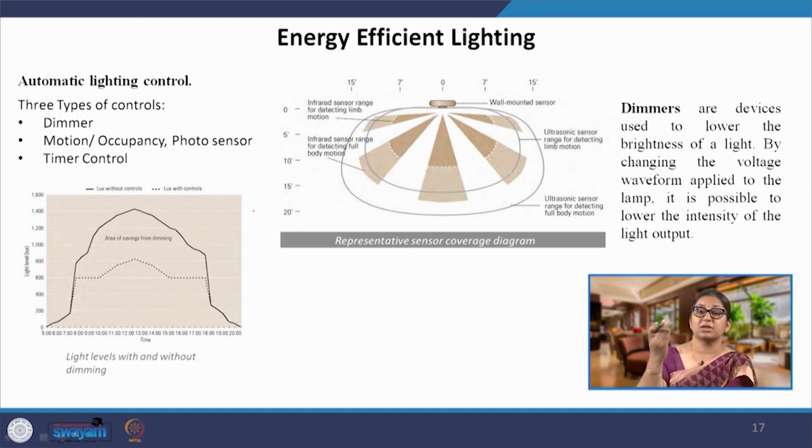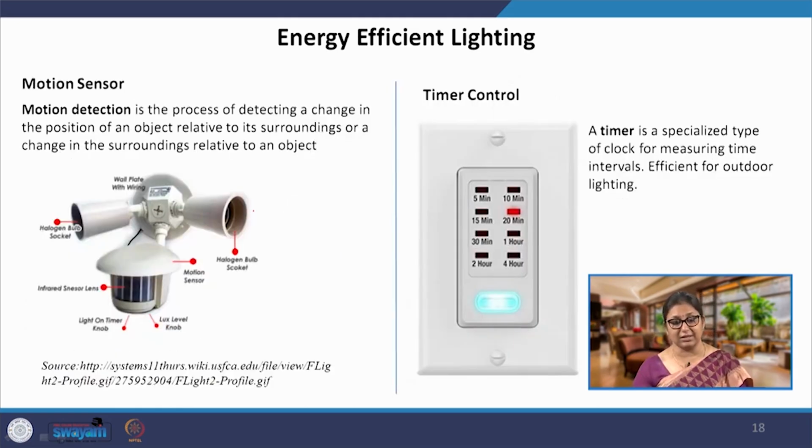We can change the timers for different seasons depending upon the length of the day, or control it depending upon the usage of a space indoors. So, as a fourth step, we have to have controls over the artificial lighting that we have provided.